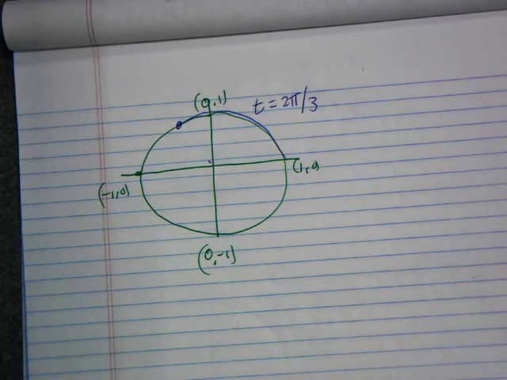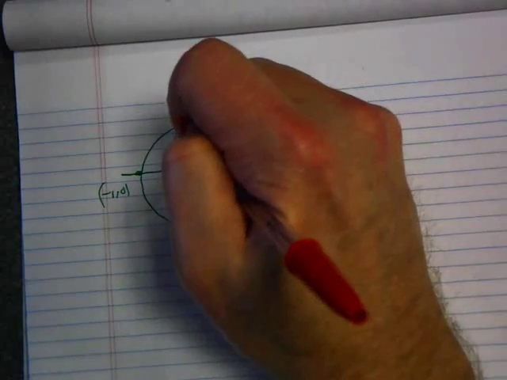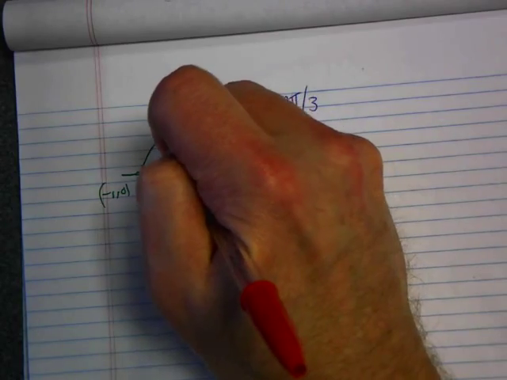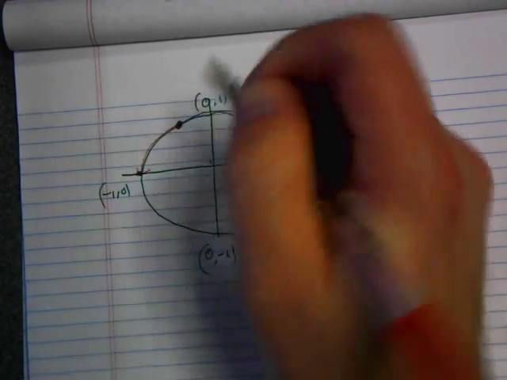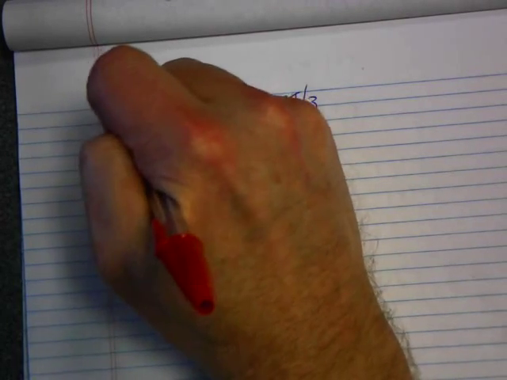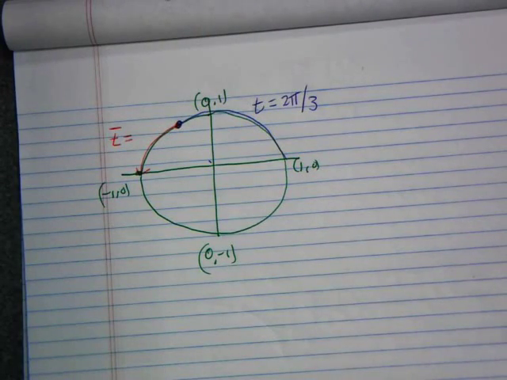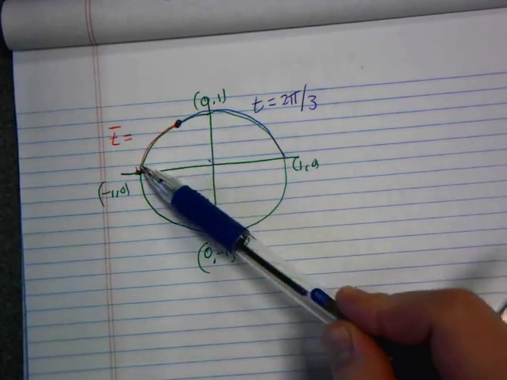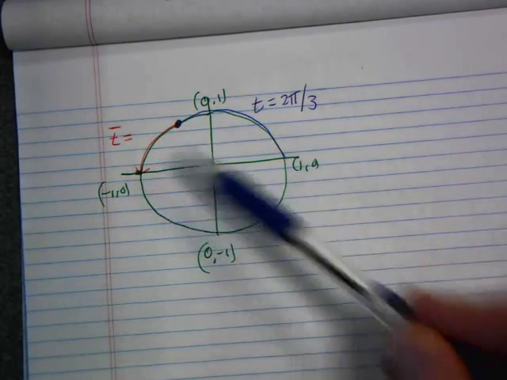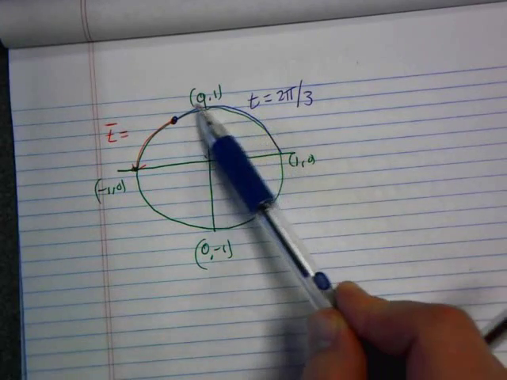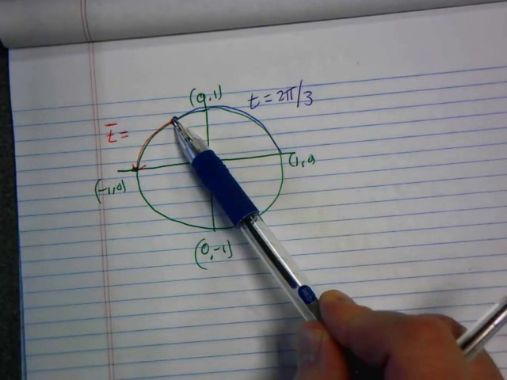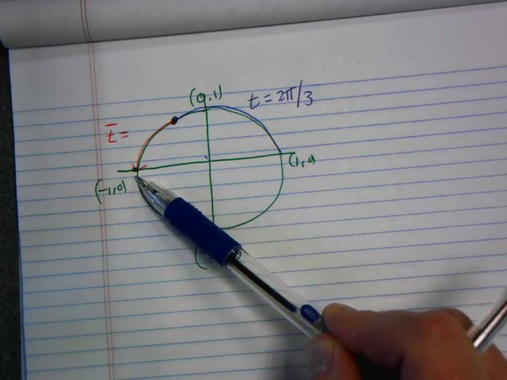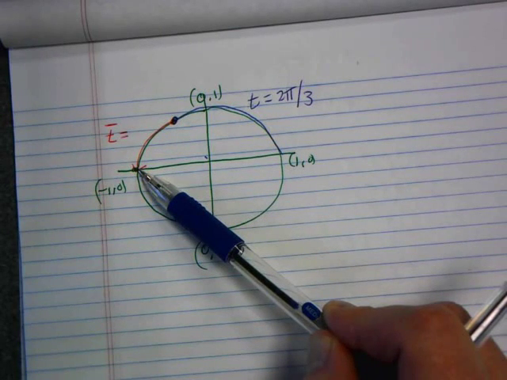The reference arc length would be from here to get back to the axis. It's usually written as t bar. So to find the reference arc length, you always go to the x-axis. So if this is 2 pi over 3, how much further do I have to go to get down to the axis?